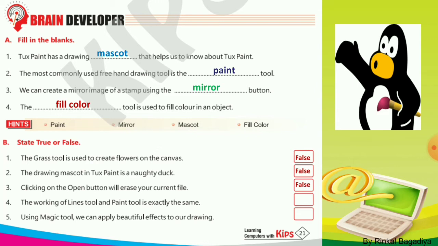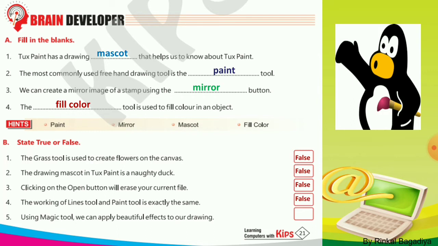So, write in the third box F-A-L-S-E, false. Number 4. The working of the lines tool and paint tool is exactly the same. Is the work of the lines tool and paint tool the same or not? Exactly the same? No. So, it is also false. So, write F-A-L-S-E, false in the fourth box.